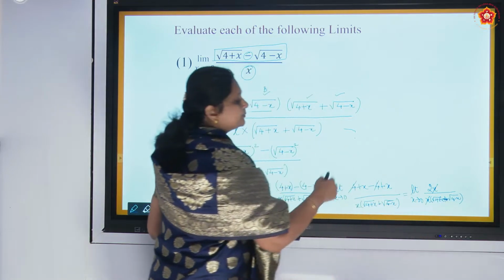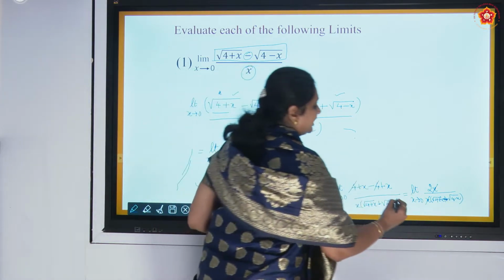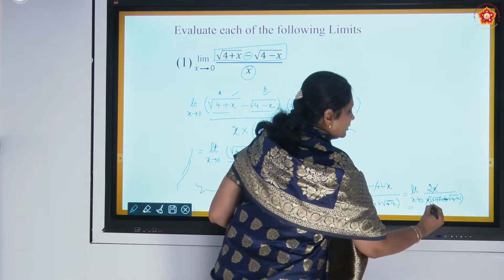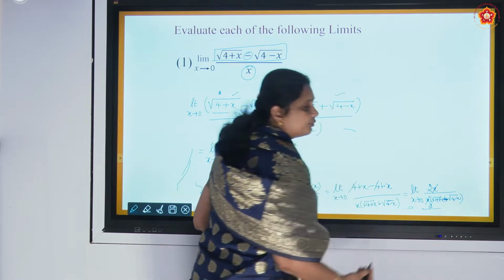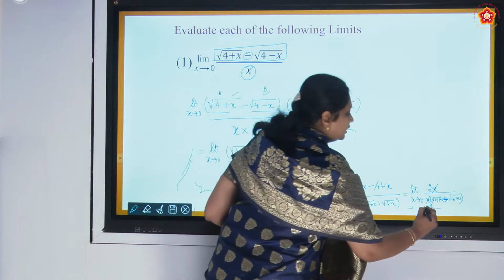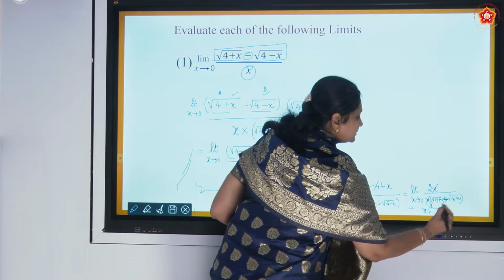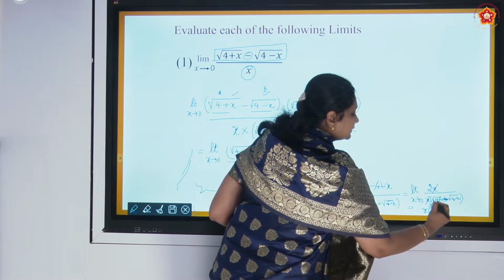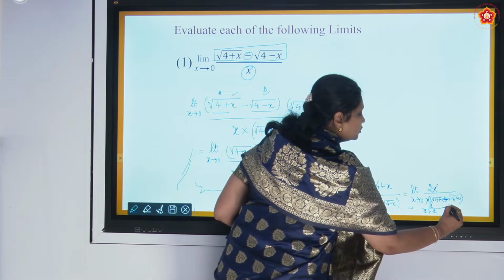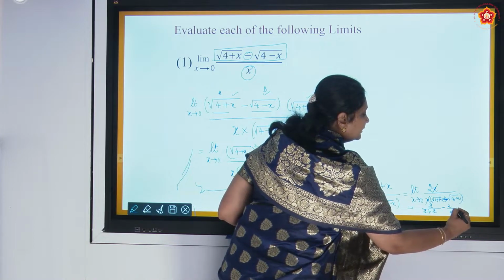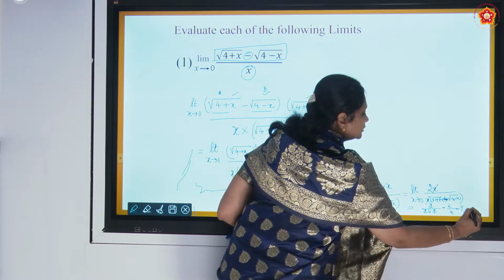So when I substitute 0 now in place of x, what do I get? On the numerator I don't have an x at all. On the denominator, 4 plus 0 is root of 4, that is 2, plus 4 minus 0, it's root of 4 again, that's again 2. So I have 2 by 4, and this is equal to 1 by 2.